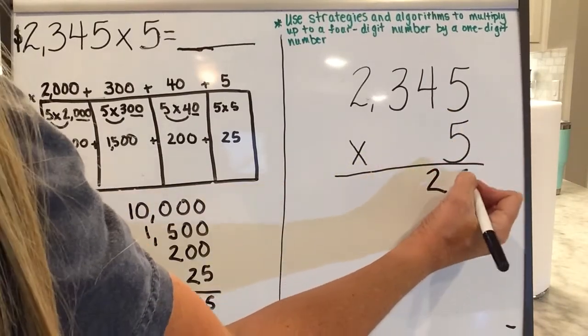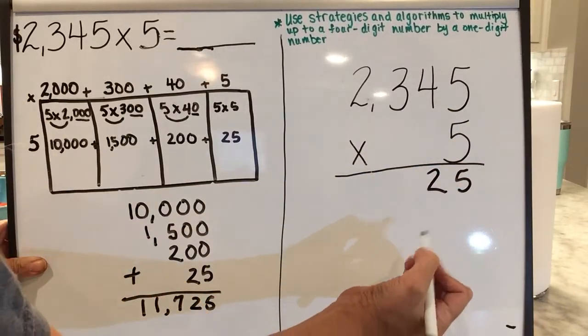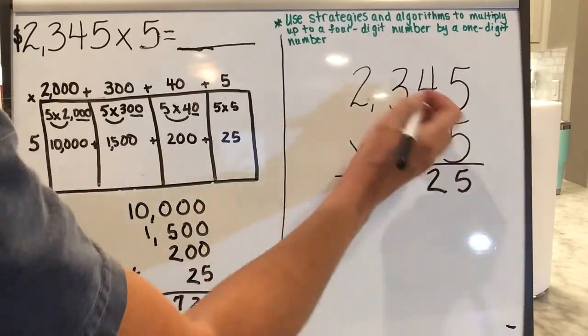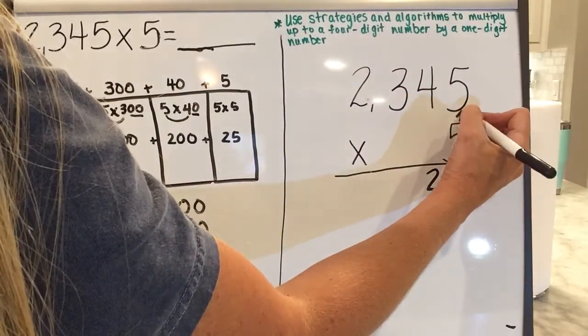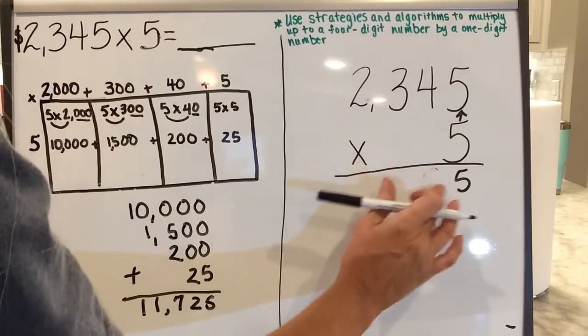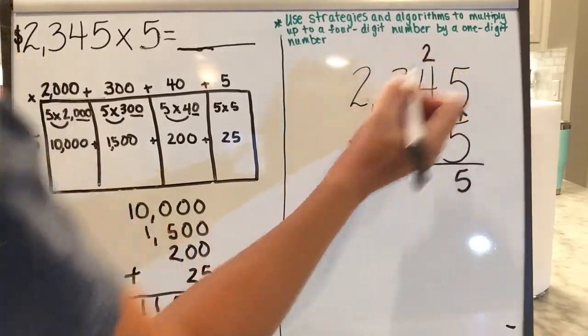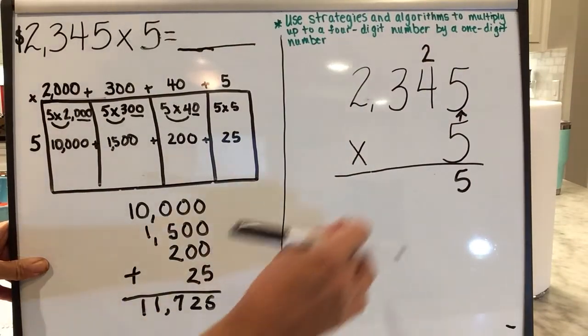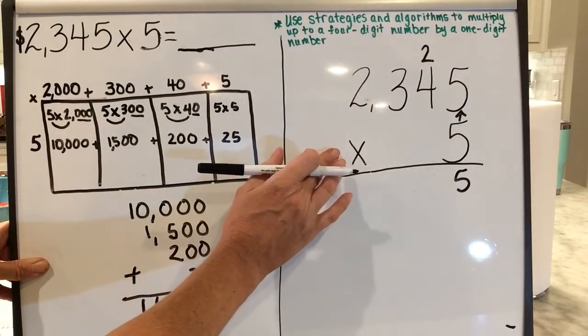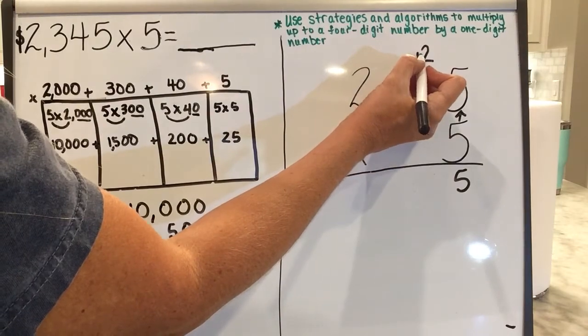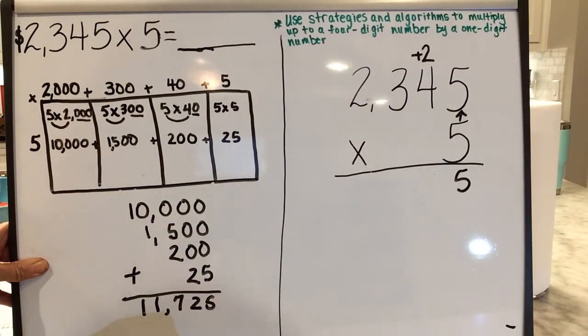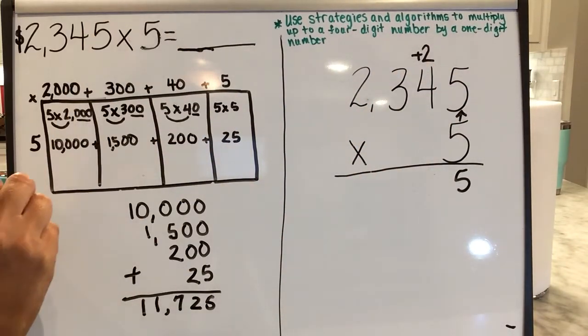Okay, so if I write 25 here, then I don't have any place to put what I'm multiplying here. So when I say 5 times 5, just like when you add, you're going to regroup that 2 over the next column. But I'm multiplying, so I'm going to add in this next 2. So I'm going to put a plus sign there so that I don't get confused.